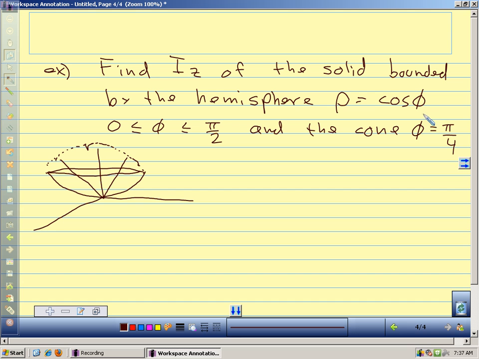When phi equals 0, rho equals 1. So the upper part of the hemisphere would be z equals 1. So are we trying to find what's in between the cone and the hemisphere? Yes, we're looking at this region between the cone and the hemisphere.